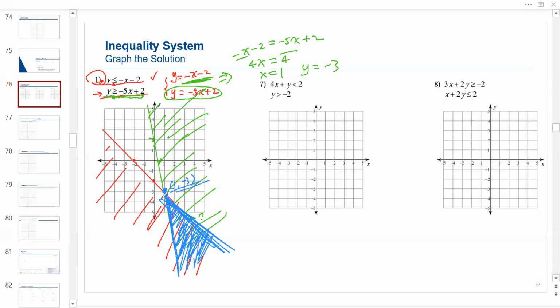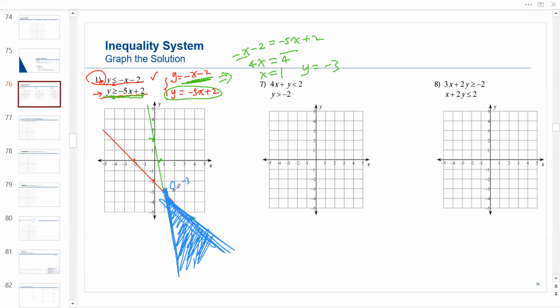So we need to erase the rest of this part. We cannot include it here, right? We didn't include this one. What we really want is their overlapping area.